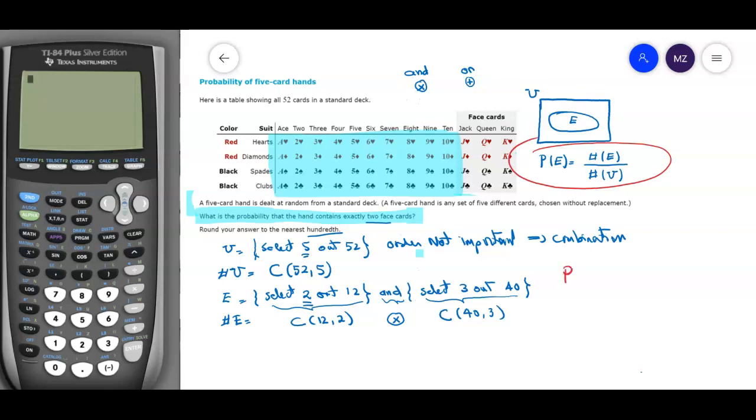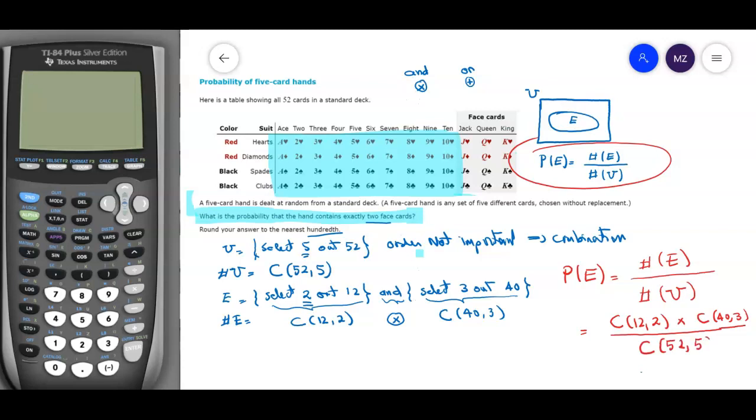The probability of E is equal to the number of elements in E divided by the number of elements in the universal set. The number of elements in E is C(12, 2) times C(40, 3), and then you're going to divide by the number of elements in the universal set, and that's going to be C(52, 5). Out of 52 cards, we are selecting 5 cards.